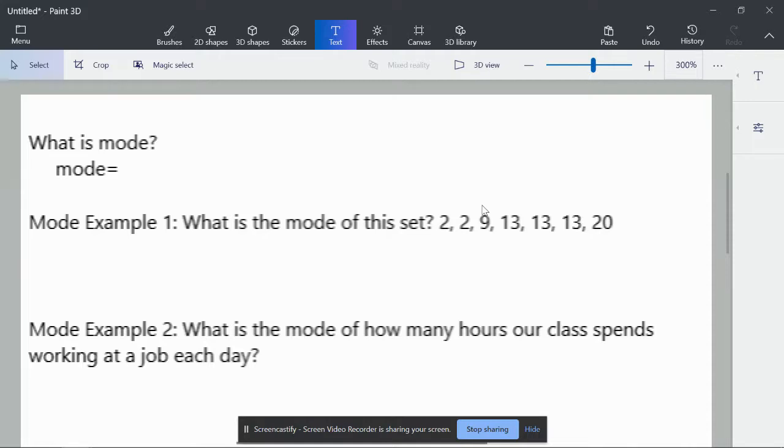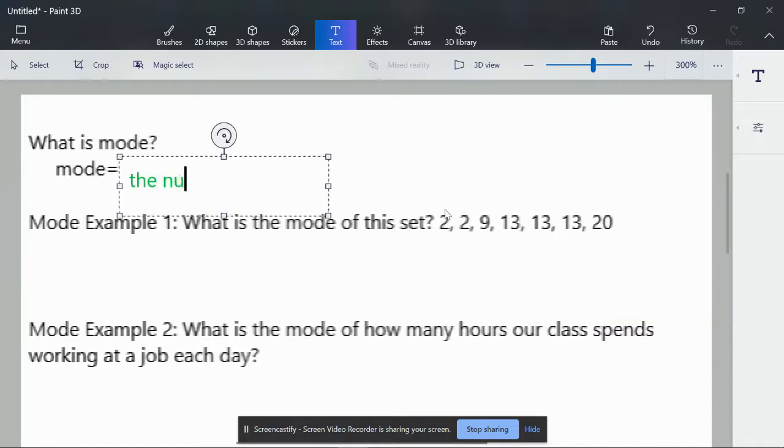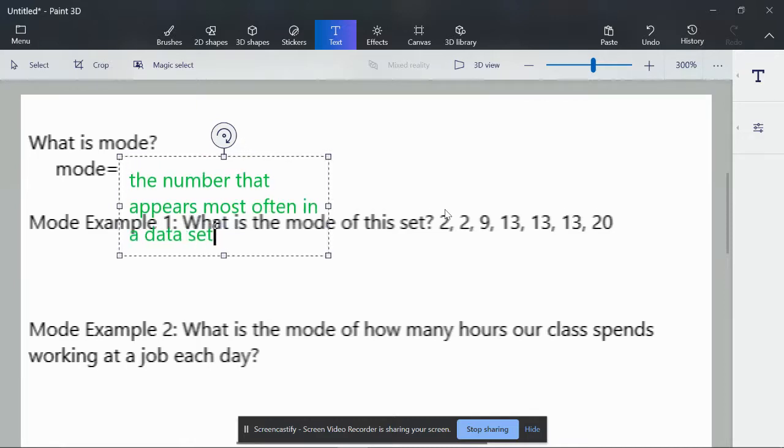You probably have heard about this before, but if we want to think about what's the definition of mode, the way that I'd think of mode is the number that appears most often in a data set.